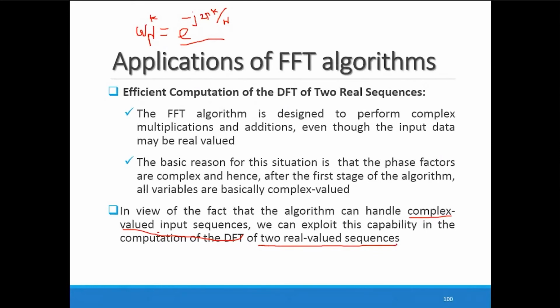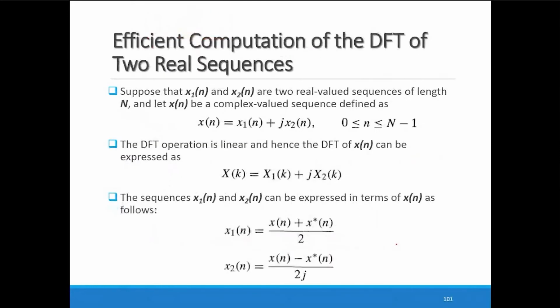So let me show you this. Suppose x1(n) and x2(n) are two real valued sequences of length N, and let x(n) be a complex valued sequence.